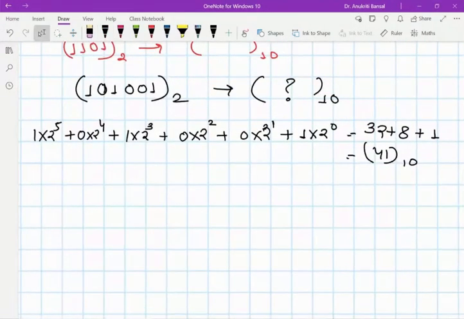Is this clear? Yes, ma'am. Now let's talk about how many bits with n bits, how many distinct values can be represented. Right now we are talking about only positive integer numbers. We are not considering negative integer numbers as of now. So we talk about their representation range.